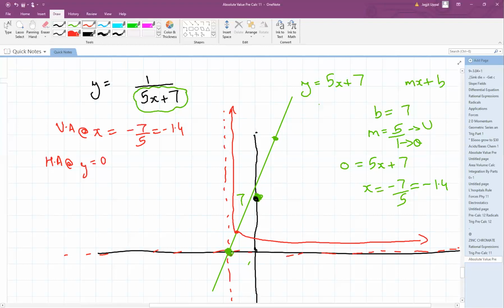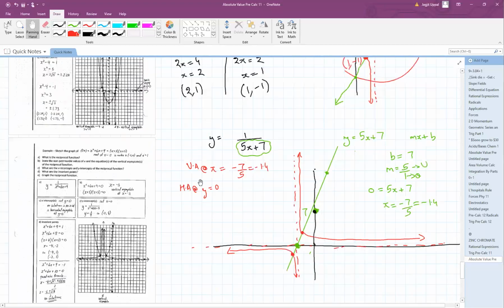Look over here. What's happening to the y values right here? They're becoming really small, but they're negative. So your other guy is going to become large but negative, and then it's going to become small but negative. And so you can find the invariant points by making y equal to 1 and y equal to minus 1. But I'm going to let you do that. Do you understand? Yeah.